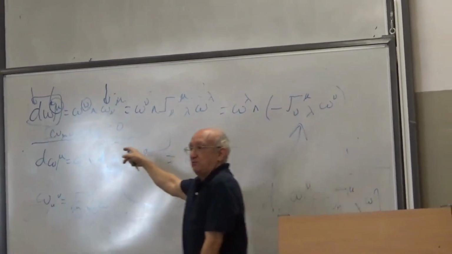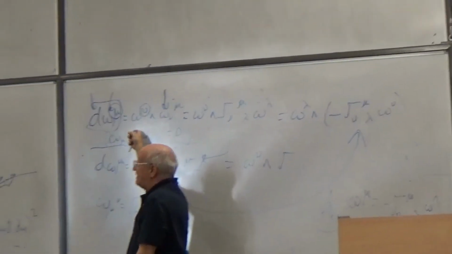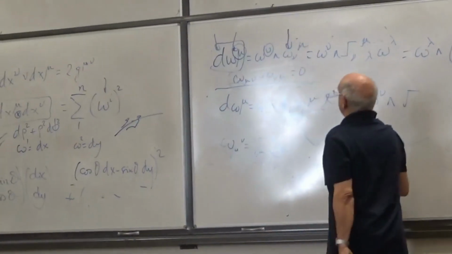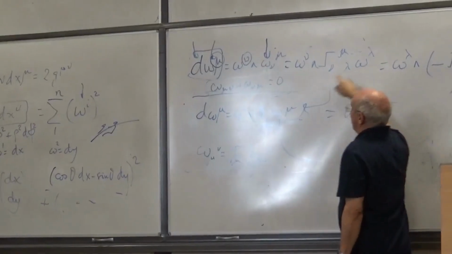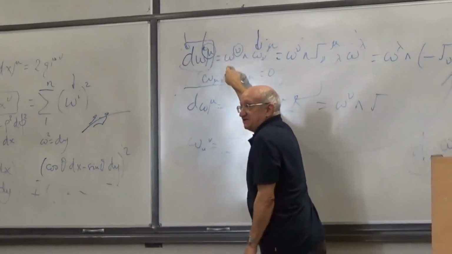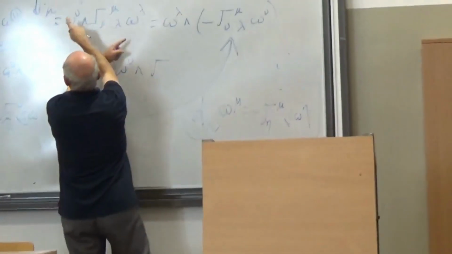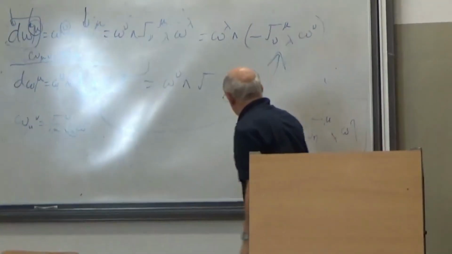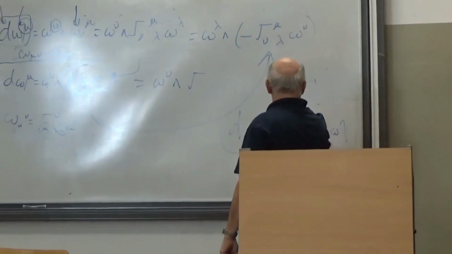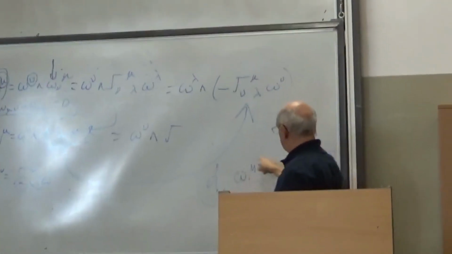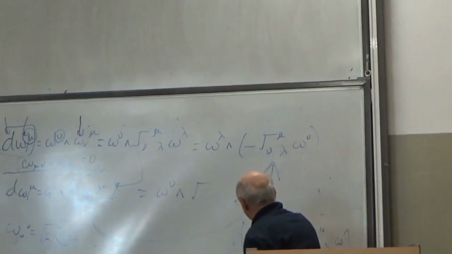What has been the process? From the first equation of the structure, I have written in terms of the basis of one forms, these one forms, that basis, and then I have changed the role of the two, so that the subscript over here, I get it: this goes with that, this goes with that, and this goes with that.